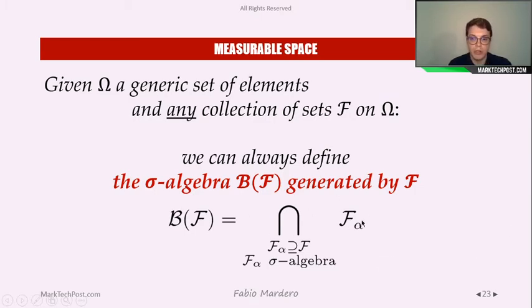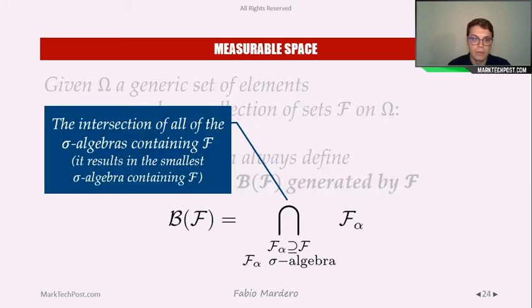Since the intersection of sigma algebras returns a sigma algebra, B of F is still a sigma algebra and is generated by F. Also, the intersection of all these sigma algebras results in the smallest sigma algebra containing F, since we are taking the intersection, not the union, of course.